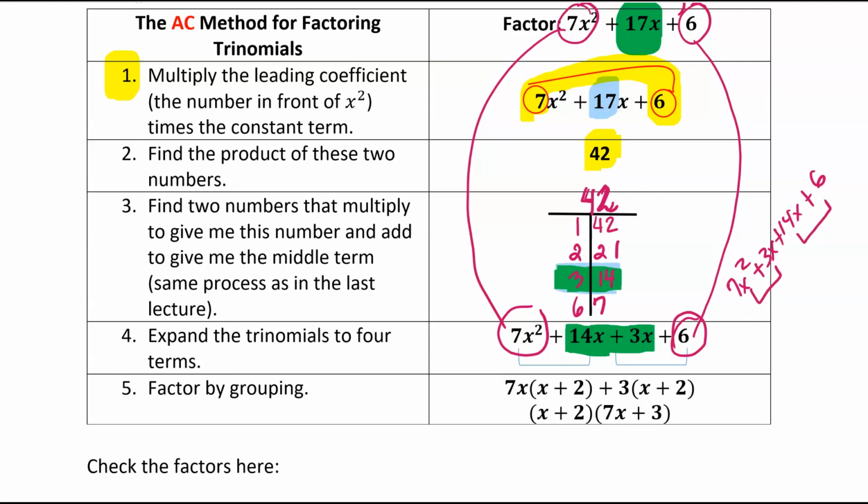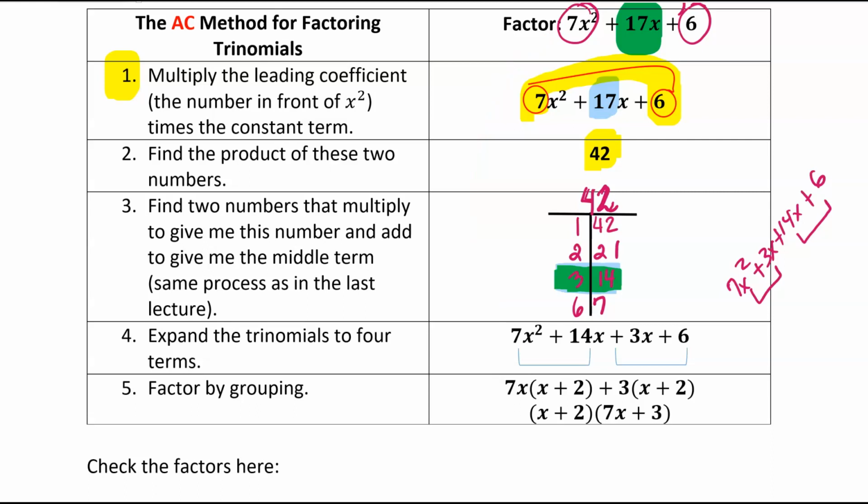However, notice that 7 and 14 obviously have something in common, and 3 and 6 obviously have something in common. So that's why I put the 14x with the 7x squared and the 3x with the 6. However, it would have worked the other way, believe it or not.